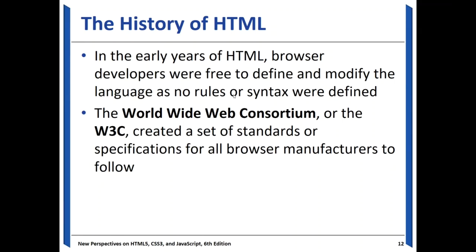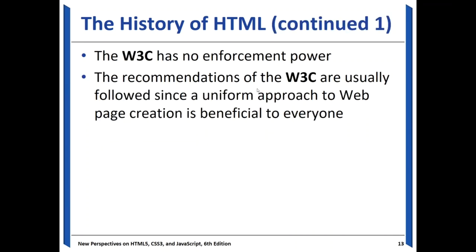Now, when the web started coming out, when people were starting to develop with HTML, the browser developers were kind of free to define and modify the language as they felt because there were no rules or syntax. So they developed the World Wide Web Consortium, or the W3C, and they set the standards or the specifications for the browsers to manufacture for them to follow.